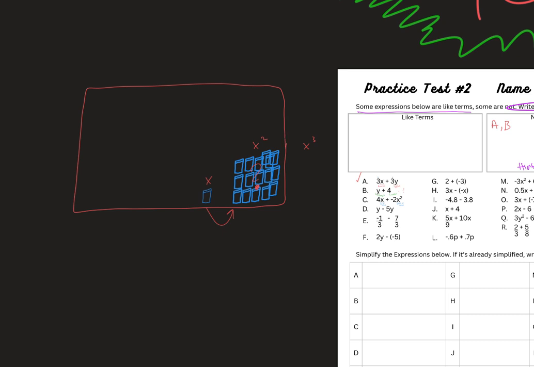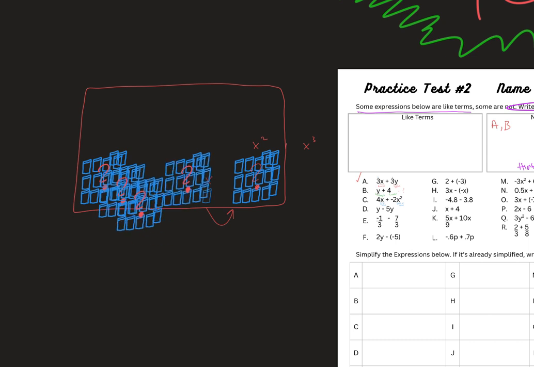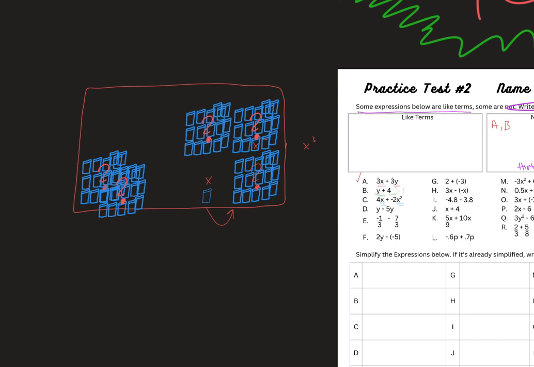So it would be like this. Let's grab all of these. And oh, look, we have one. But now, check this out. We've got more, right? It's a shipping container.